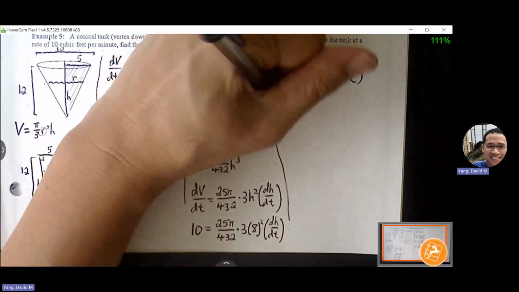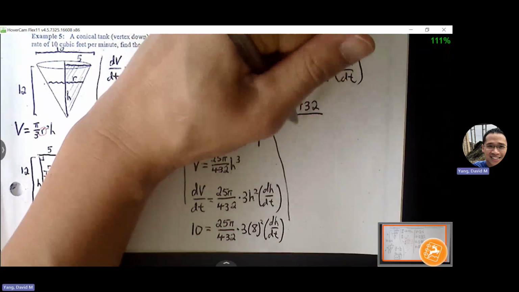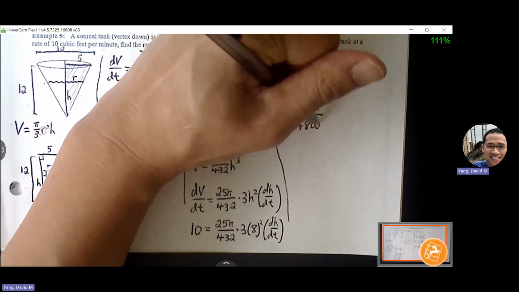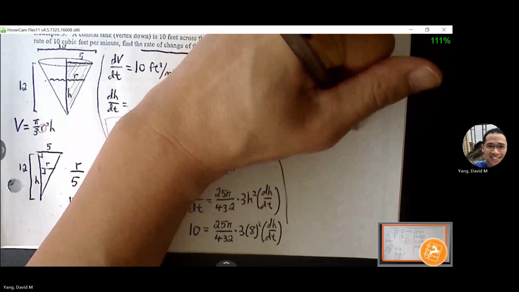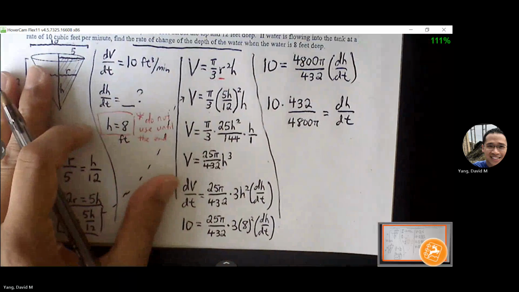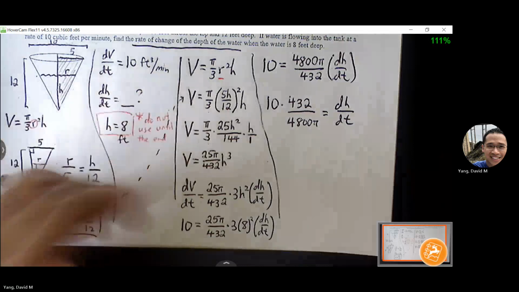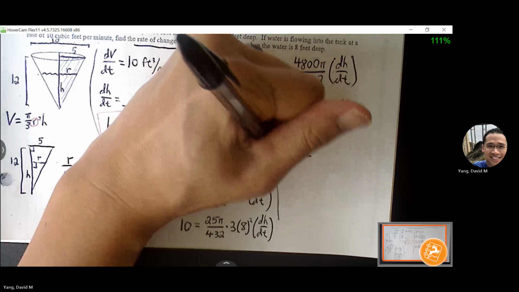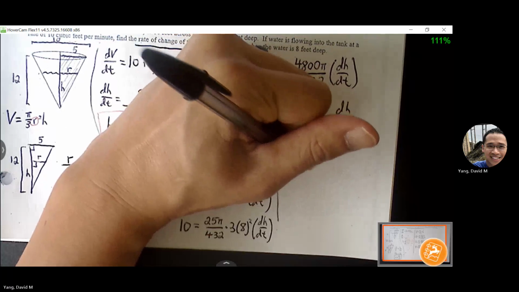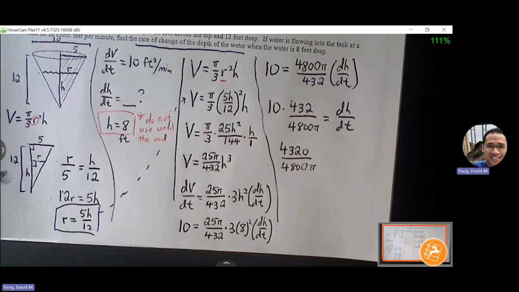So I can say 10 times 432 divided by 4,800 pi. Well, let's see if the calculator can reduce it for us, right?